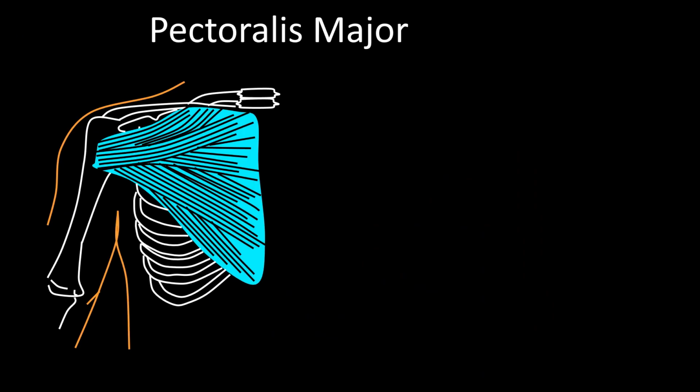These nerves supply the pectoralis major. The pectoralis major is innervated by fibers arising from C5 spinal segment all the way to T1. The pectoralis muscle has 4 actions.